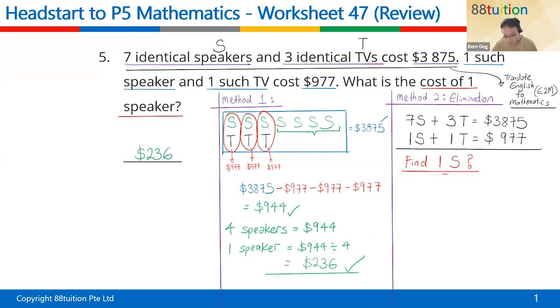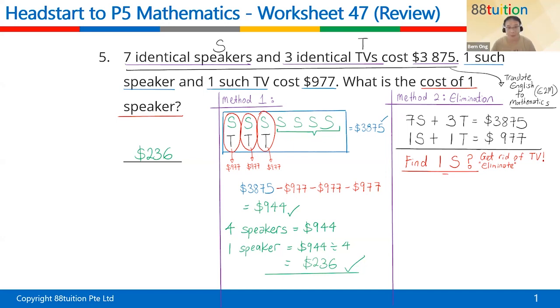So what must you do? You must get rid of the TV. You want to find the answer for one speaker, so you want to get rid of the TV. Get rid means to eliminate. That's the meaning of this word eliminate. Eliminate means to get rid.